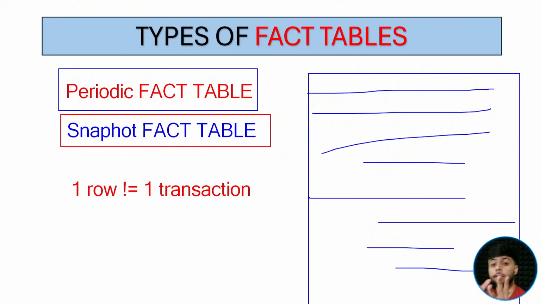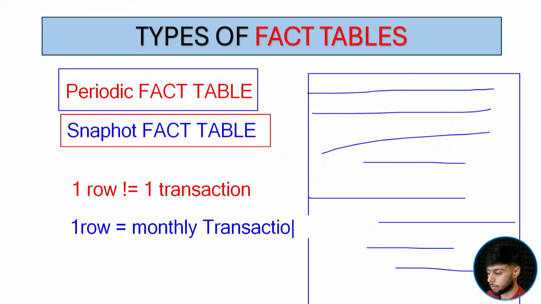Let's take an example of monthly. They will take the snapshot of the fact table every month, and they will define one row equals many transactions, or let's say monthly transactions.